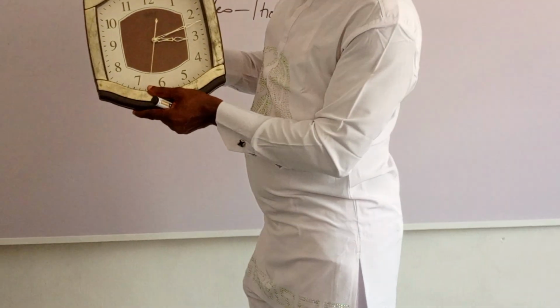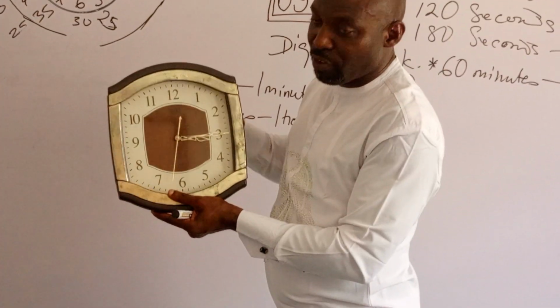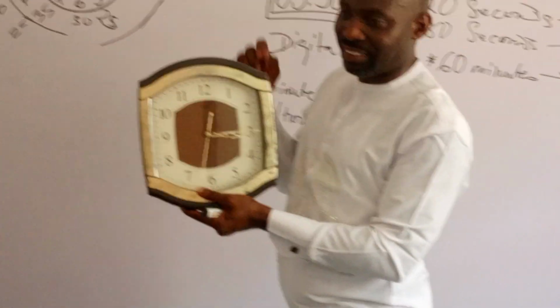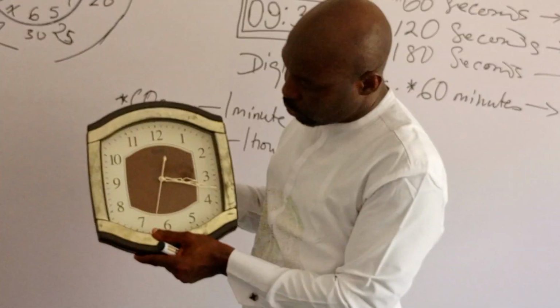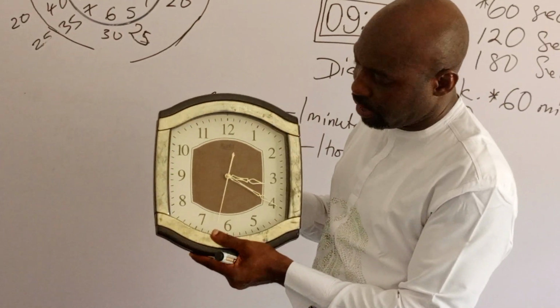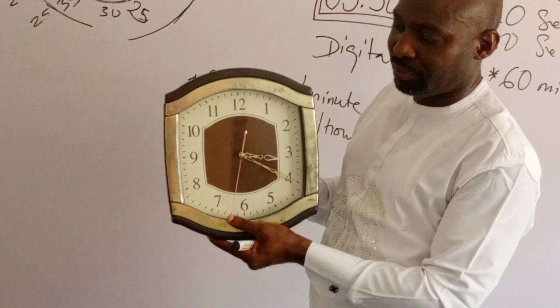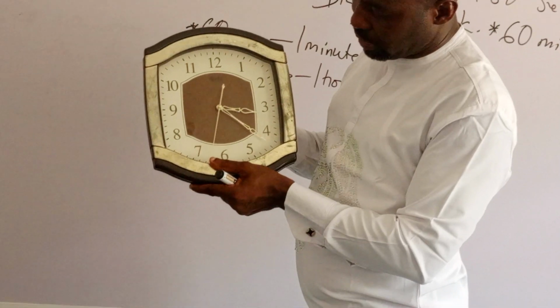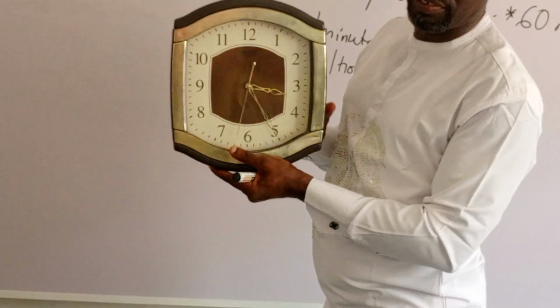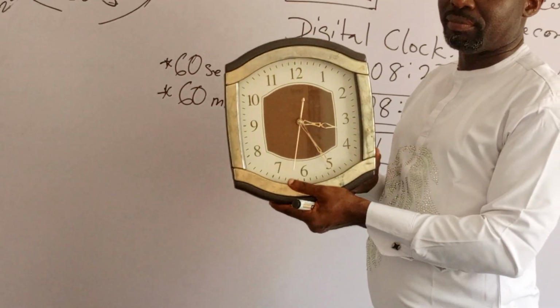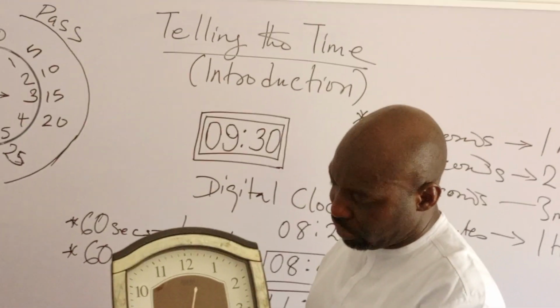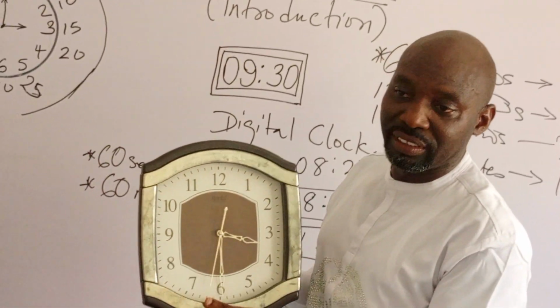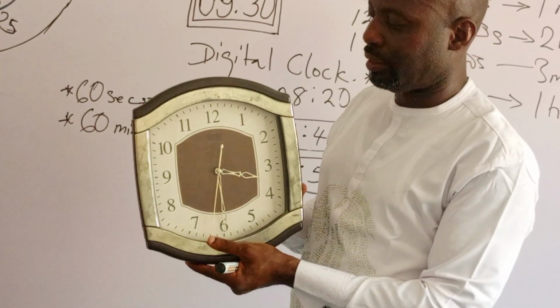It moves again. This is what? 15 minutes past 3. It moves again. 20 minutes past 3. It moves again. What do we have? 25 minutes past 3. It moves again. What do we have? 30 minutes past 3.